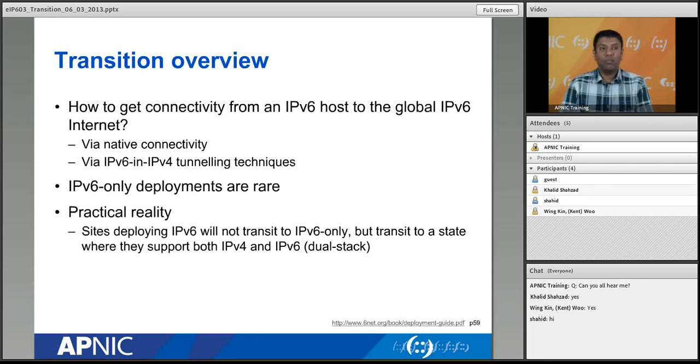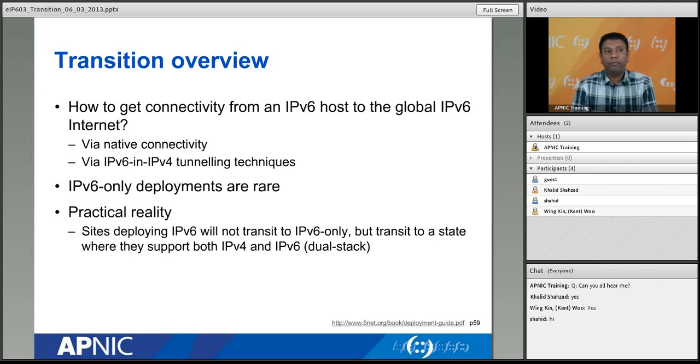So, transition overview. If you look at the internet and how people are deploying IPv6 into it, there is a terminology called native v6 or native connectivity. And there is another concept, where IPv6 gets transit via a v4 tunnel. So pretty much in the internet industry, we have native v6 in some places, and we have tunnels.